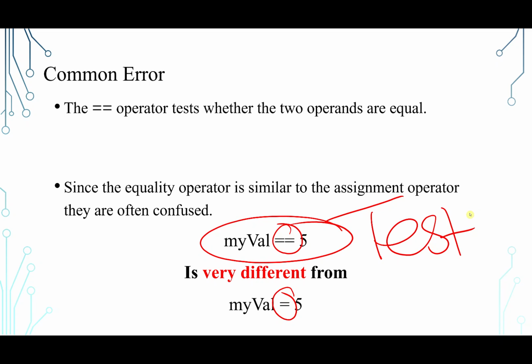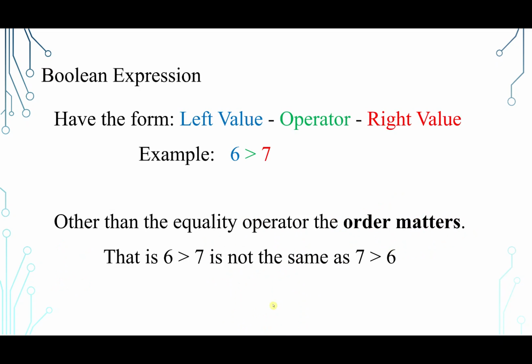Notice that I start my sentence with "is", which needs an answer of true or false. This one says my val equal 5, which means assign 5 to the variable my val. So be aware of that. The Boolean expression has the form left value, operator, then right value.